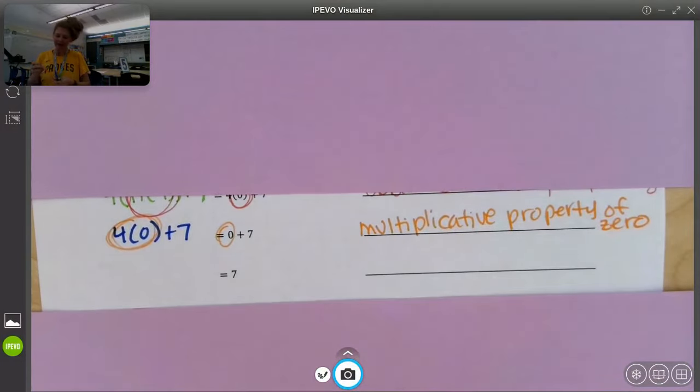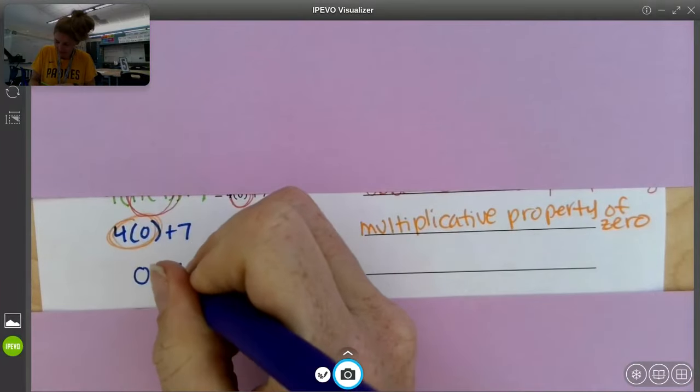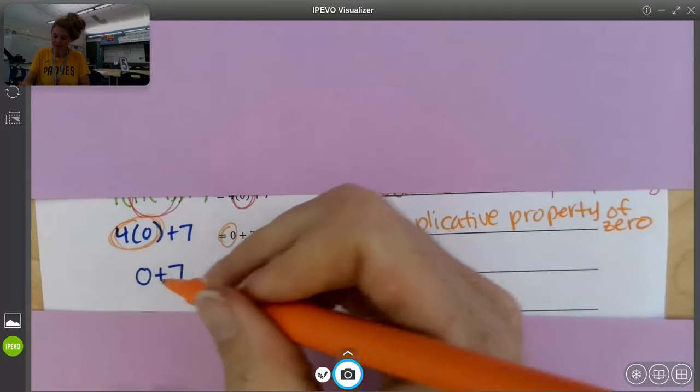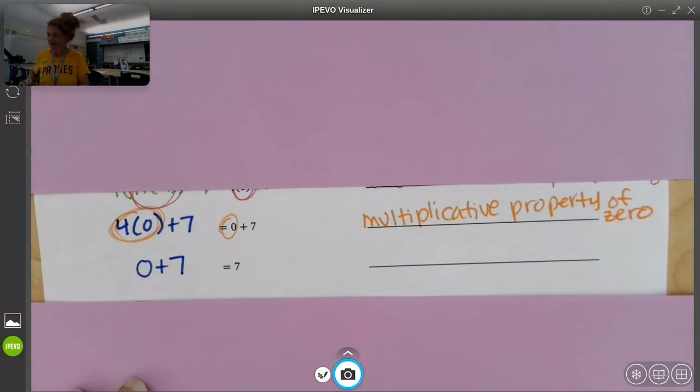Okay, we have our last step. Our last step tells us 0 plus 7 is equal to 0. Sorry, erase that. 0 plus 7 is equal to 7. What tells us that 0 plus a number is still that number? It didn't change. It's an identity.